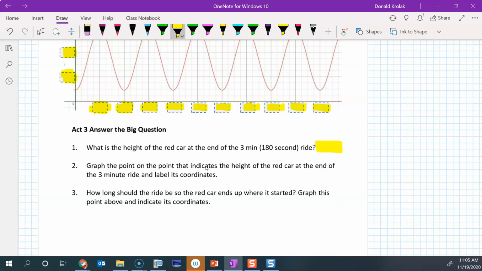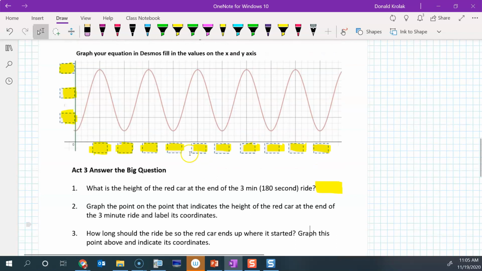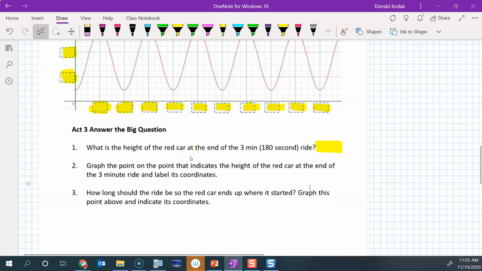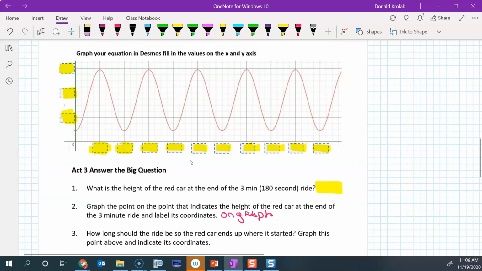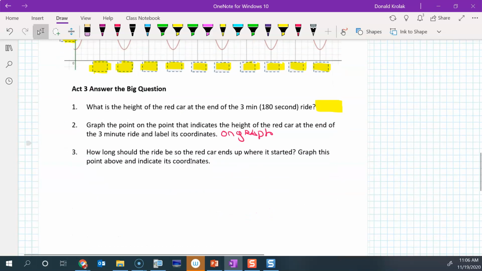Then wherever that point is on the graph, you're going to graph that point. So this answer is going to be on the graph. And when you graph it, put the coordinates. What are the coordinates of the point when it's at 180 seconds?